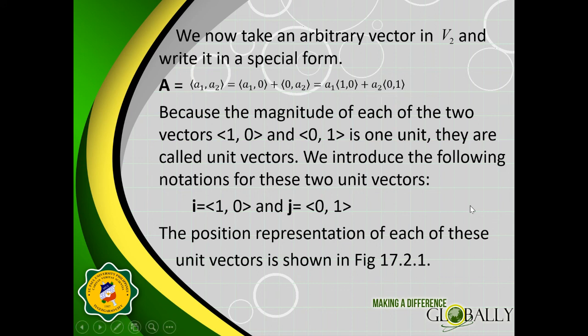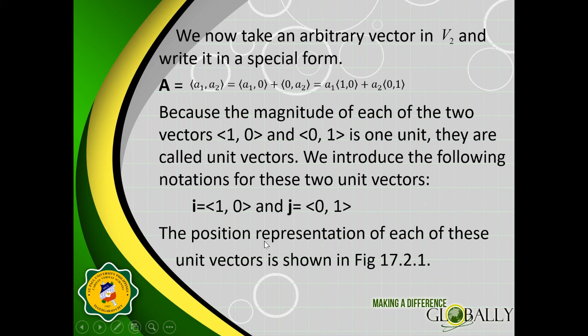Because the magnitude of each of the two vectors, (1, 0) and (0, 1), is 1 unit, they are called unit vectors. We introduce the following notations for these two unit vectors: i equals (1, 0), and j equals (0, 1).